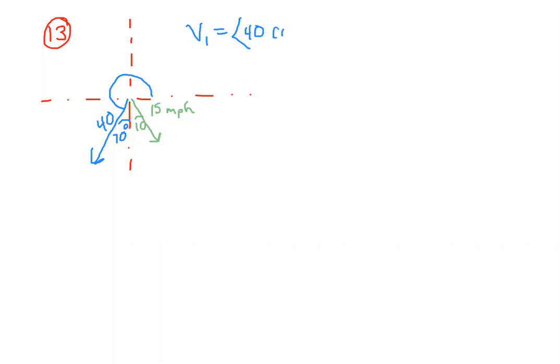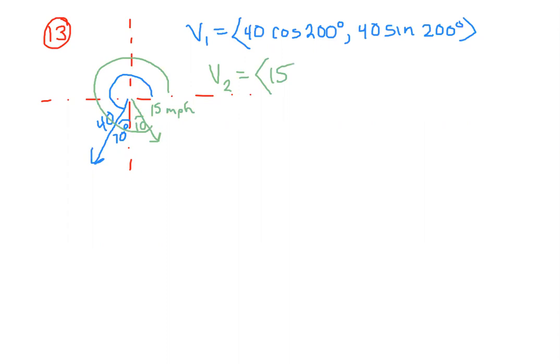So our angle is going to be 200 for the drone. And for the wind, it's 15. And our angle goes from here all the way to there. So that's going to be 270 plus 10, that gives us 280. So we got 15 cosine of 280, 15 sine of 280.